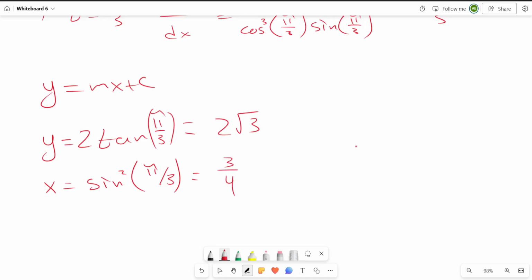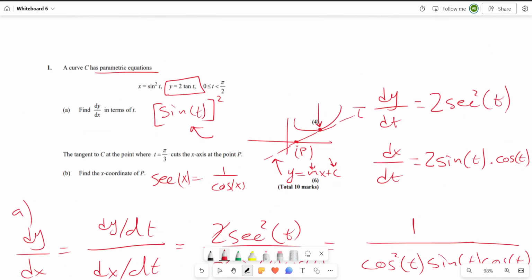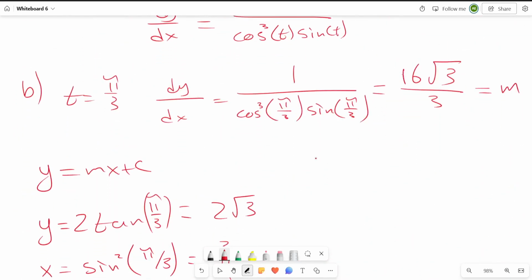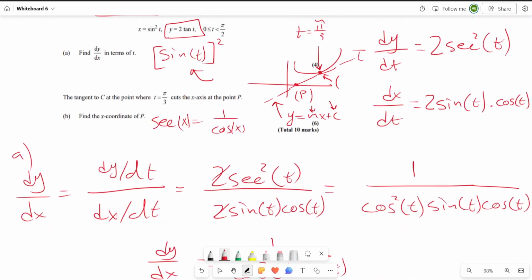So my point, at where t equals pi over 3, has coordinates of 3 over 4 in the x and 2 root 3 in the y.